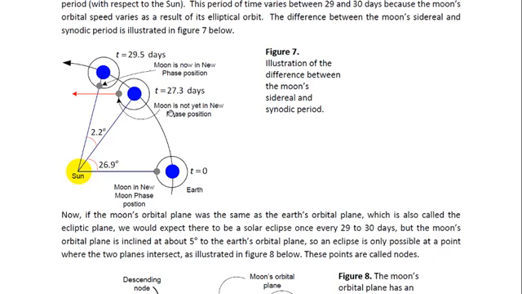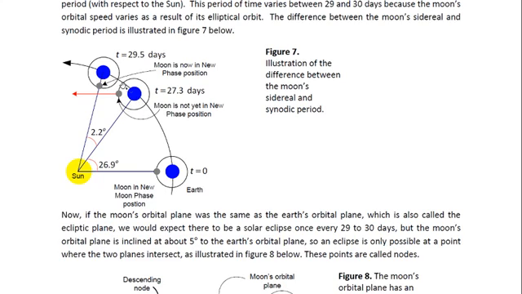Then 27.3 days later, the moon is in exactly the same position with respect to something very far away, which we call the background stars. As you can see, it's the same position. But it's not between the sun and the Earth. It's where it was there. But because the Earth has moved, we would need it to be there.